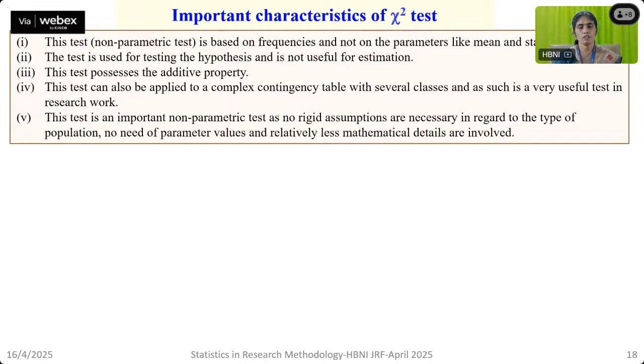And when the contingency tables become complex, more than 2 data sets on either side, then this test can be used as an initial estimator. Later on, you may have to modify appropriately so that you get to the correct conclusion. And there are no rigid assumptions in this test, easy to carry out.